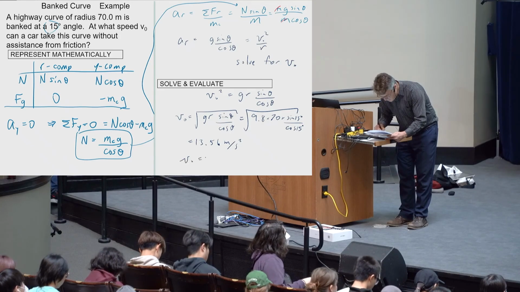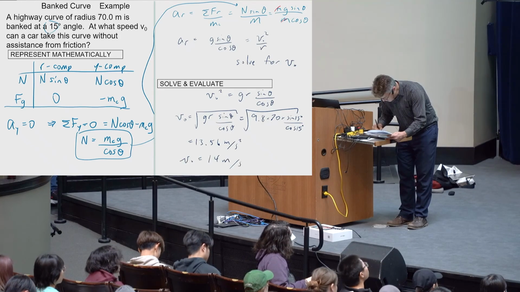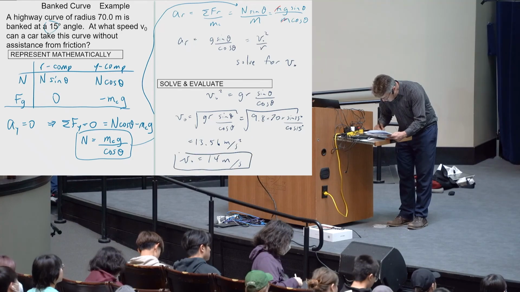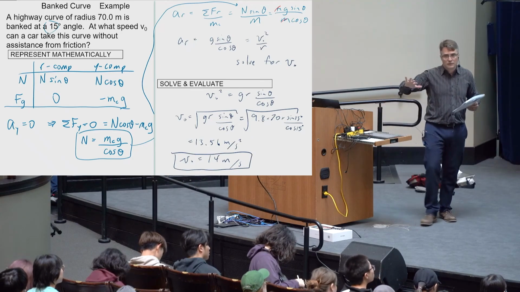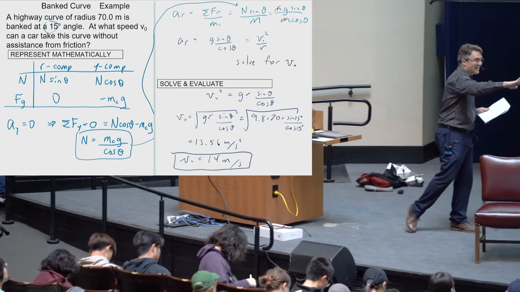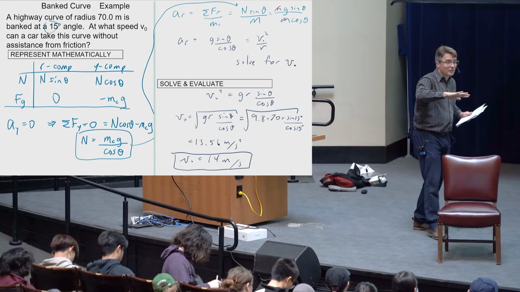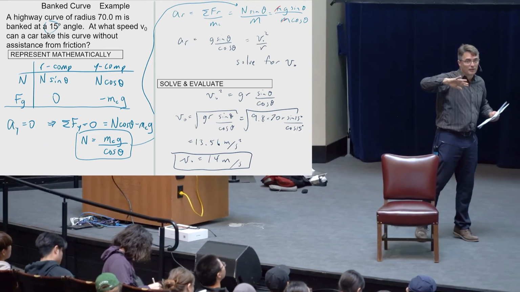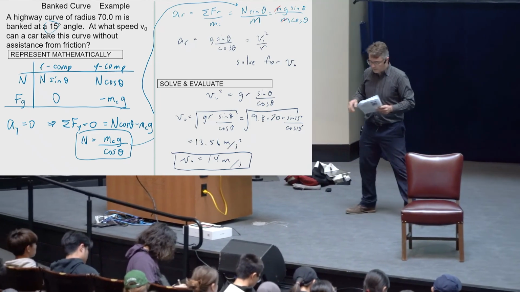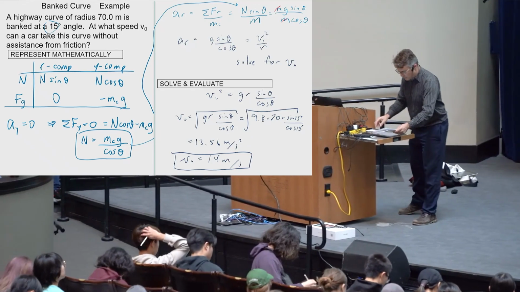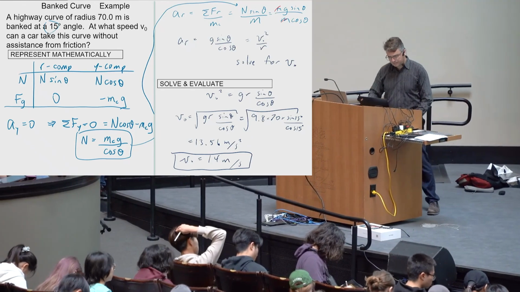So v0, if you go at 14 meters per second, then there's no longer any static friction needed to keep you on the curve. You can go around, but you have to hold that exact same speed. If you go a little slower, then they'll start to slide down the hill. If you go a little faster, you start to slide up the hill. But if you stay at just this exact speed, you'll go around that curve nicely.